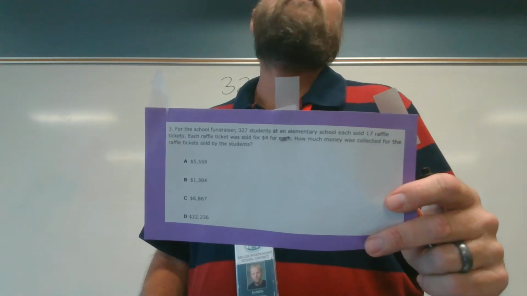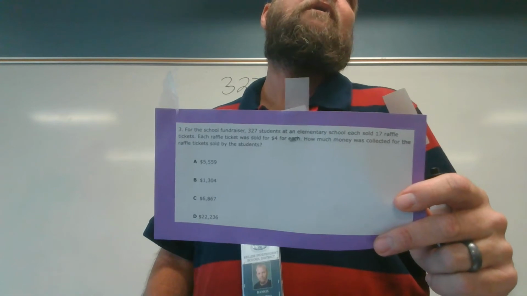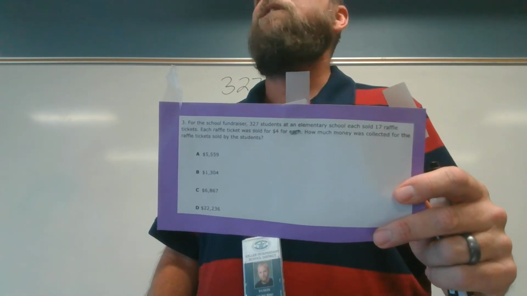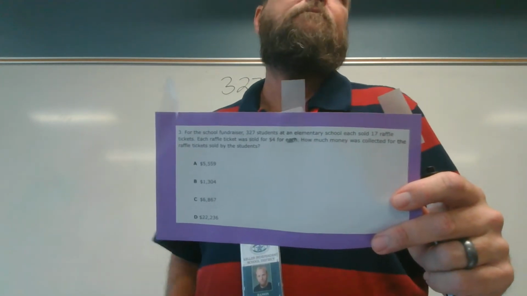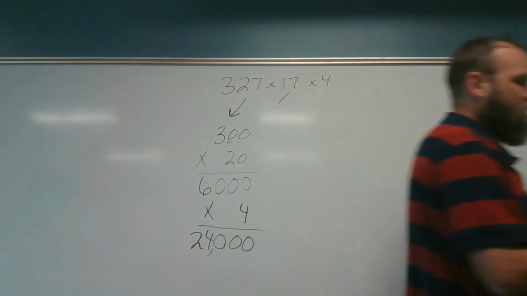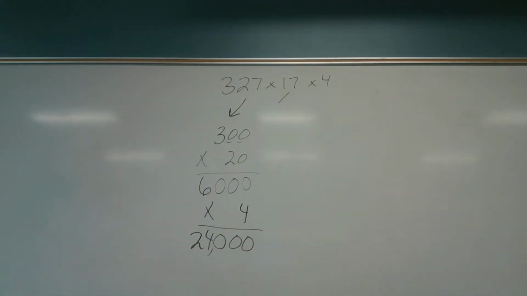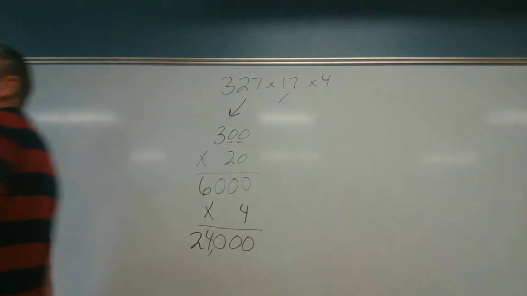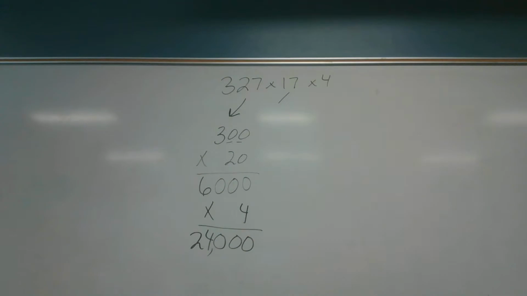If you did 300 times 20 times 4, the answer would have been obvious. So some of you are all freaking out because you couldn't do 327 times 17. That's right there. Okay, so this is not a difficult problem.